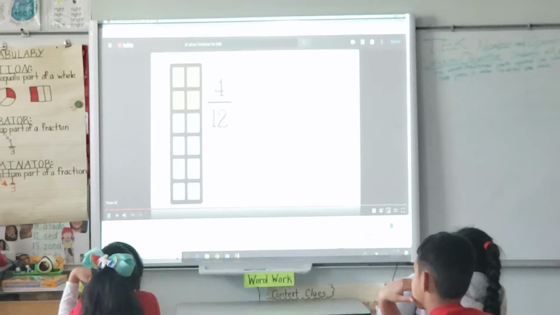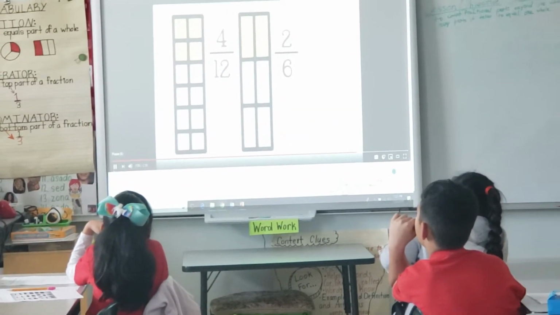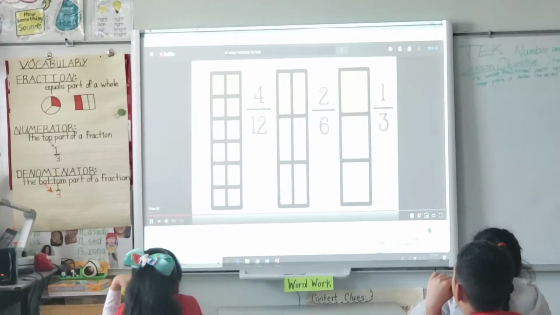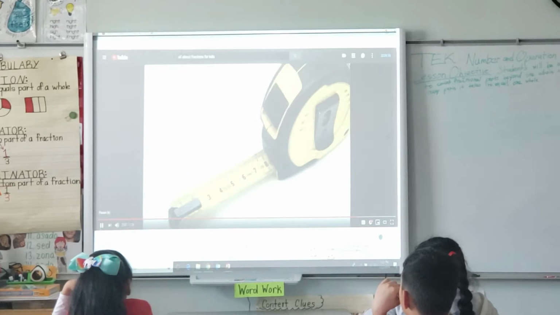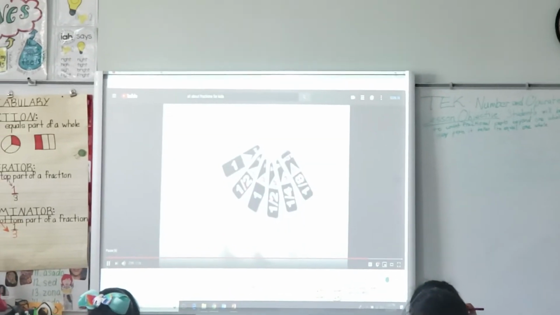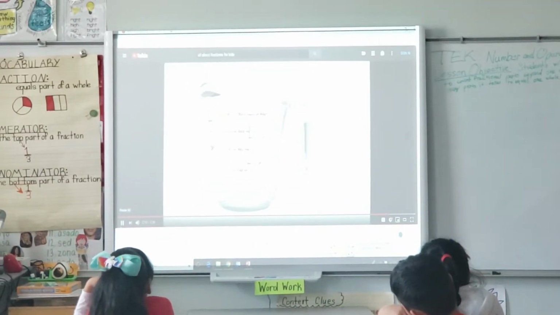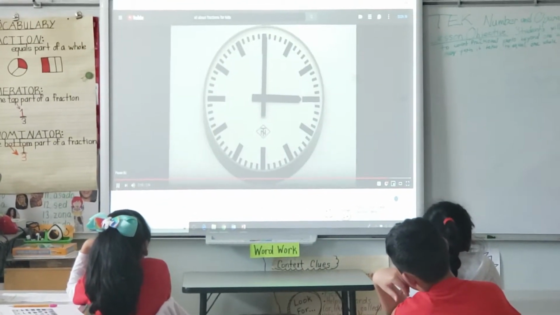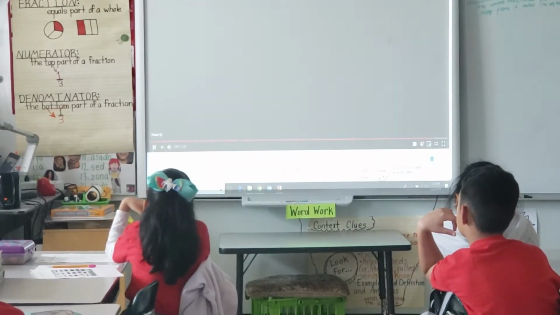For example, 4/12 is exactly the same as 2/6, which is the same as 1/3. Fractions are used in many places in our everyday lives. They are important anytime you want to share something equally, measure a part of something, or even tell time. Take a look and see if you can find any fractions around you.